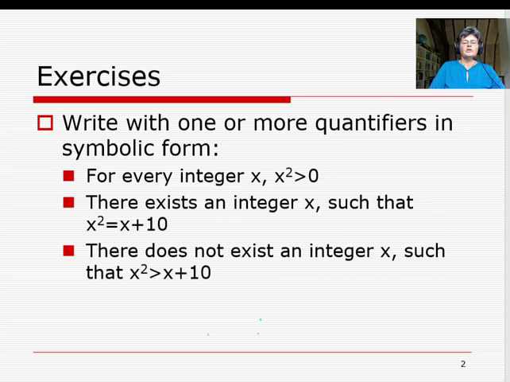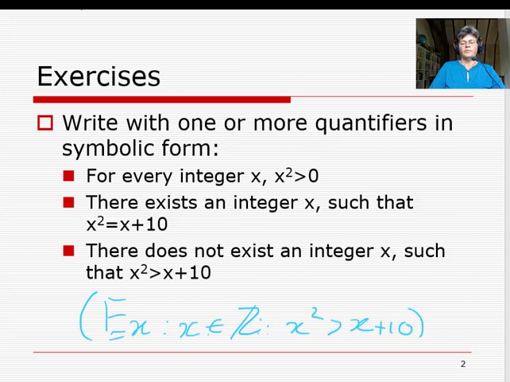Then the last sentence: there does not exist an integer x such that x squared is larger than x plus 10. So let's first do the sentence, there is an integer x such that x squared is larger than x plus 10. So there is an element x coming from the domain Z in such a way that x squared is larger than x plus 10. And then they say it is not the case.